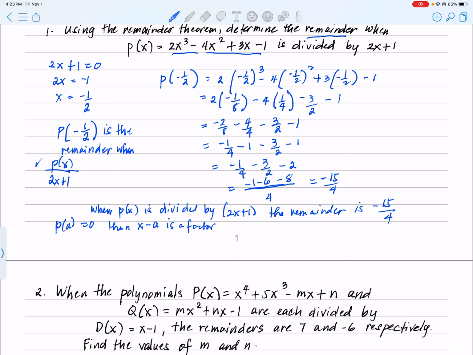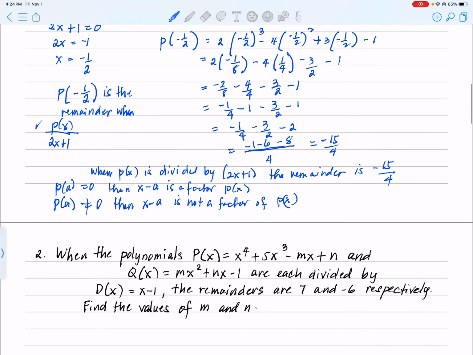From that, we can also determine that if P of A is not equal to 0, then x minus A is not a factor. This time we are talking about the factor of P of X. Okay? Let's find out if our divisor is a factor of the polynomial given, or it's not a factor of the polynomial.